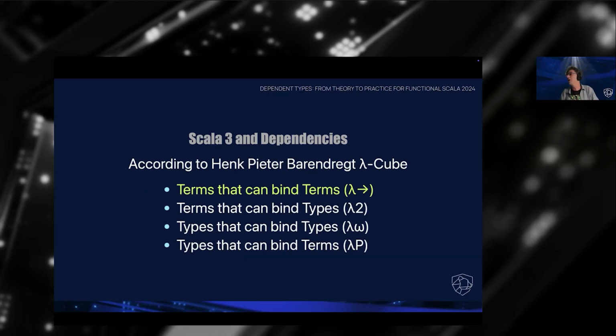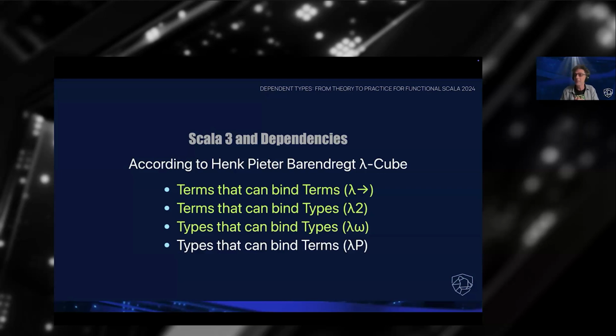So of course, the first one is equipped in Scala 3. For lambda 2, the polymorphic function, of course, in Scala 3, it's available. The types that bind types, of course, the type constructor as shown in the previous example, is provided and available in Scala 3.